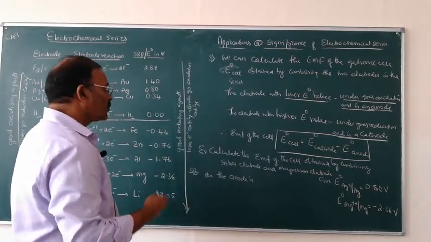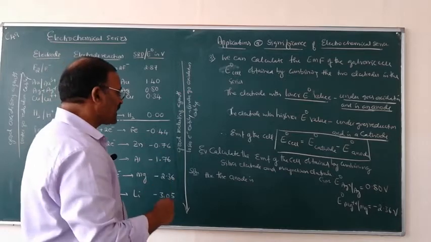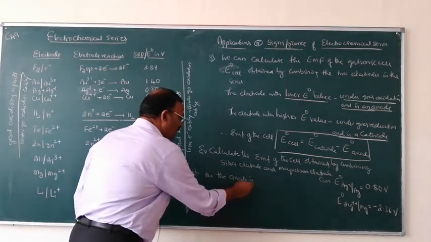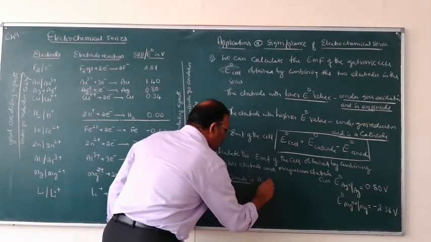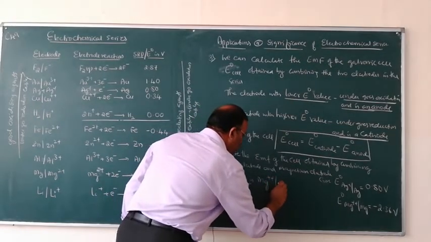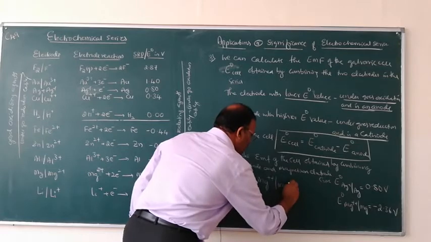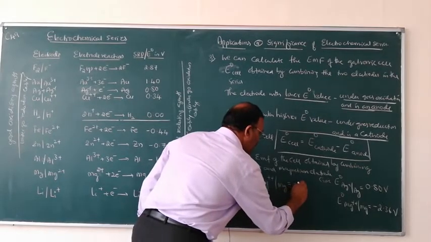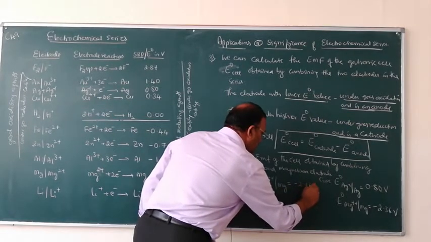The electrode whose electrode potential is less is the anode. The anode is magnesium because its electrode potential is minus 2.36 volts.